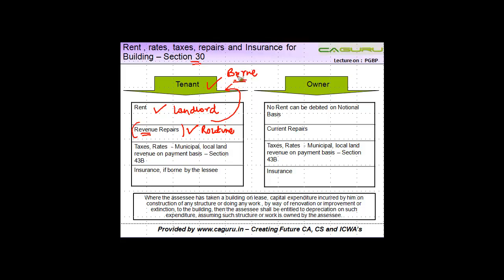Now, what do you mean by borne? Borne means that the economic burden of these should be with the tenant. If the tenant incurs, let's say, 100 rupees on repair and he recovers 100 from the owner, then effectively he's not bearing the expense. Bearing means he's incurring 100 and he's not getting anything from the owner.